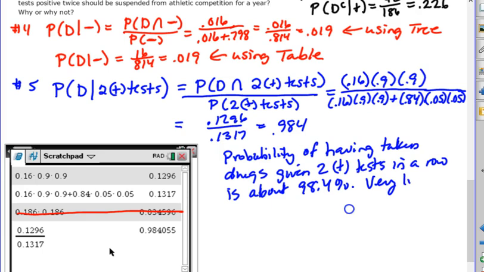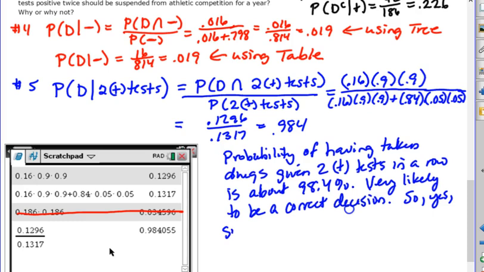Very likely to be a correct test, a correct decision. So yes, I would say suspend, but allow appeal, because there still is a slight chance that this could be wrong, but most of the time this is going to be correct.